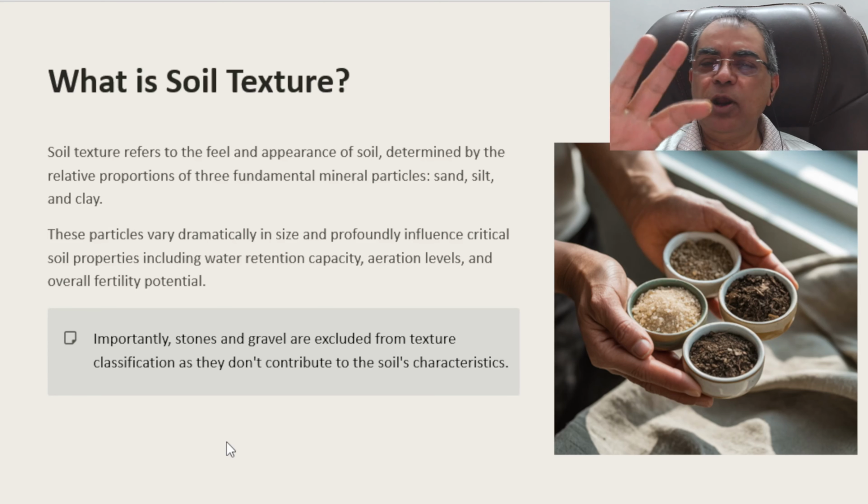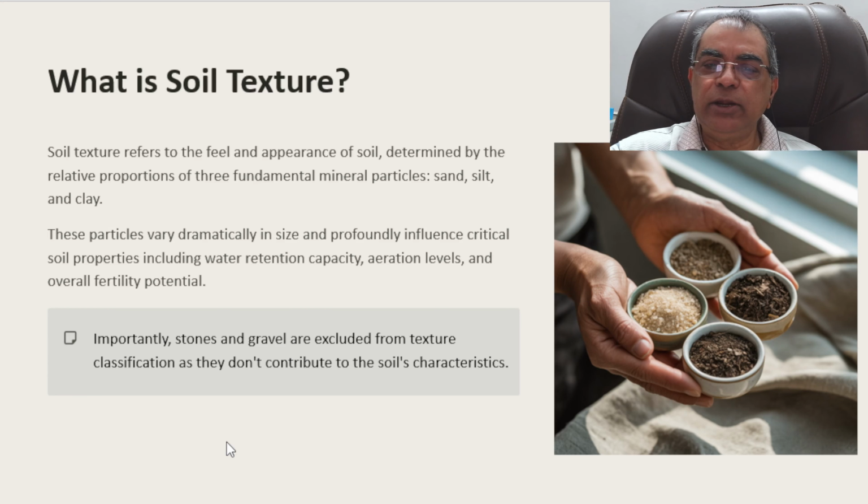So they are all silica only, and these particles vary dramatically in size and profoundly influence critical soil properties including water retention capacity, aeration levels and overall fertility potential.